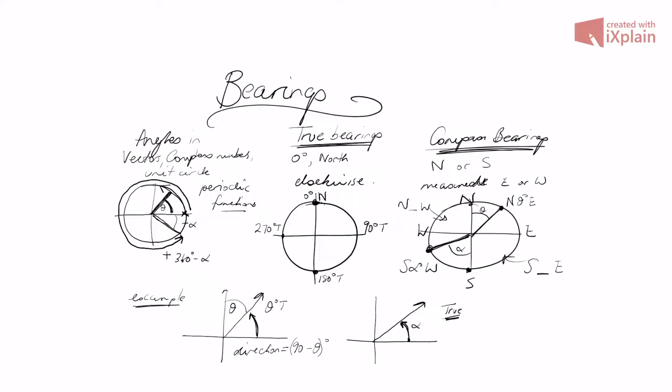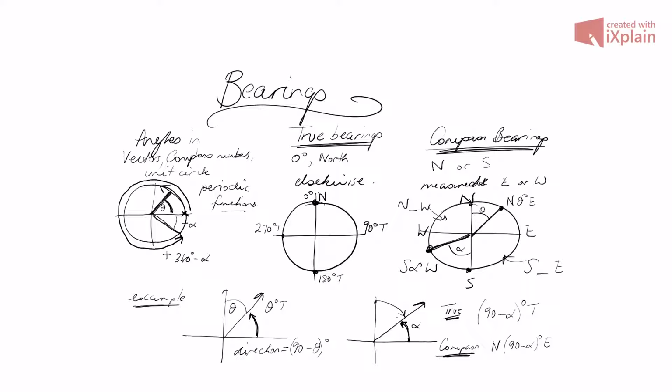So from north here, if I measured that around there, that would be 90 minus alpha degrees true, depending on what alpha is. And for a compass bearing, in this particular case, it's in the first quadrant, so that's going to be northeast. It's in the northern bit towards the east. So it's going to be north 90 minus alpha degrees east.